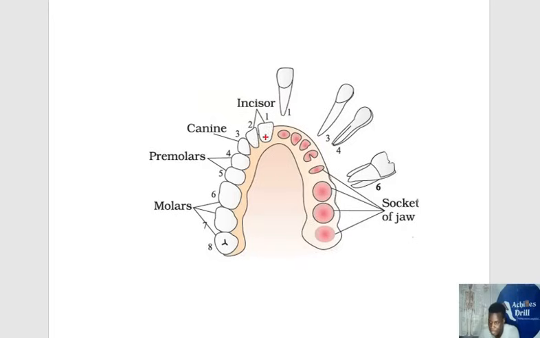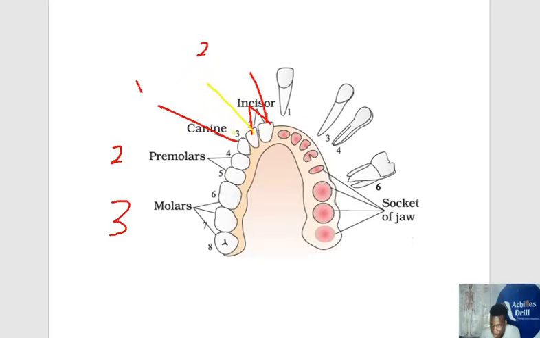Let's just run over it now. On each side, in each quadrant of the teeth, we have two incisors, one canine, two premolars, and three molars. Usually just count from the front. For example, this is the first incisor, while this is the second incisor.